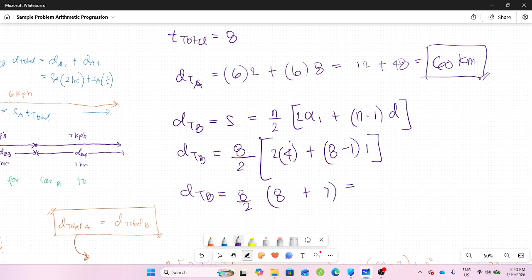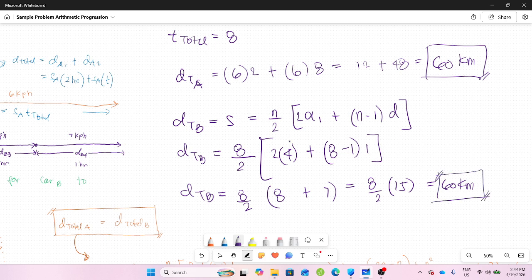So 8 over 2. 8 plus 7 is 15. Yes, that's 15. 15 times 8 divided by 2 should give us a value of 60 kilometers.